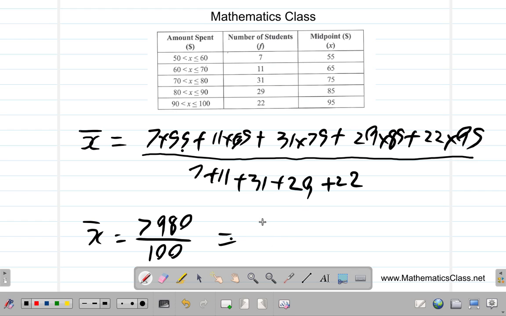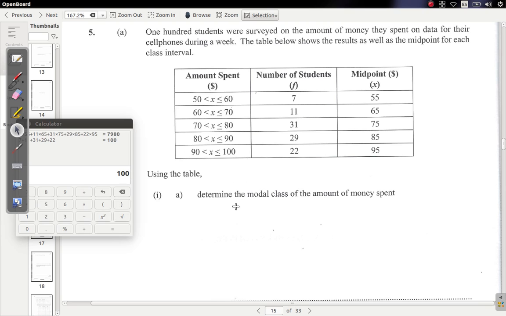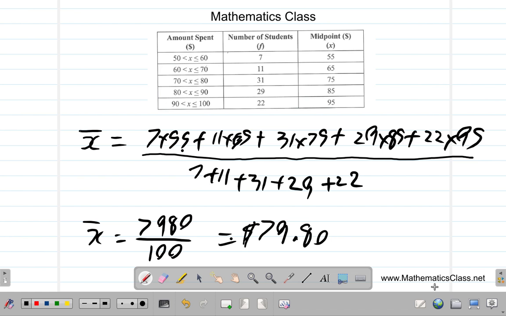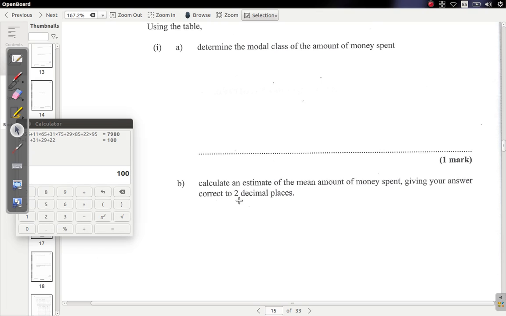When you divide, you get 79.80, $79.80, the mean amount of money. We calculated the mean amount of money, giving your answer to 2 decimal places, right? You have to put the 0 to get the second decimal place.